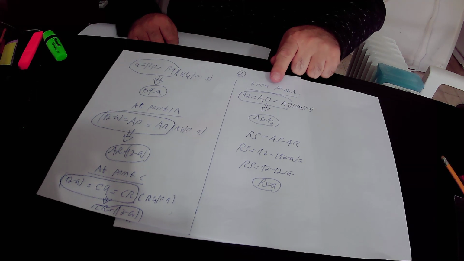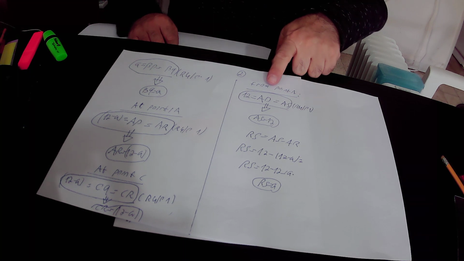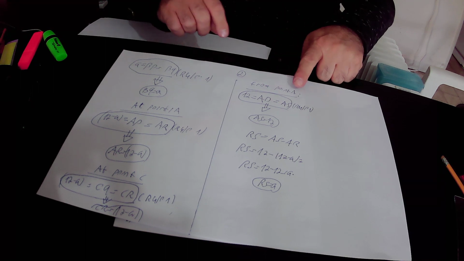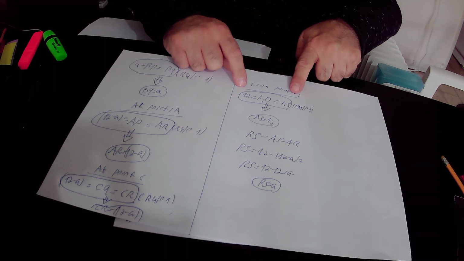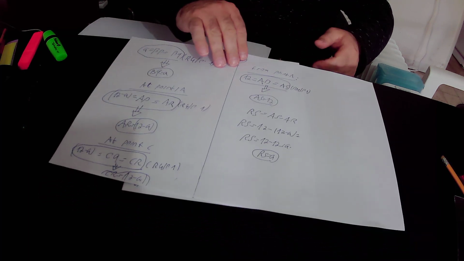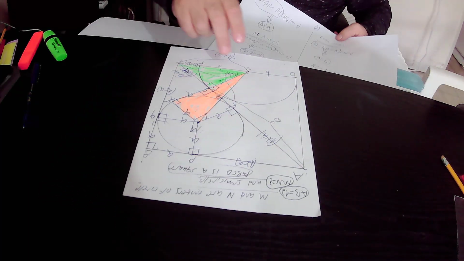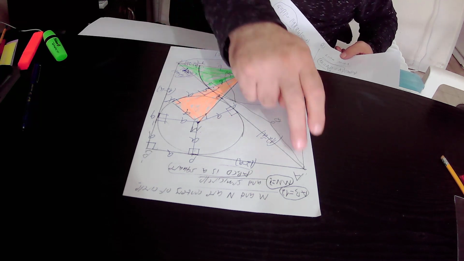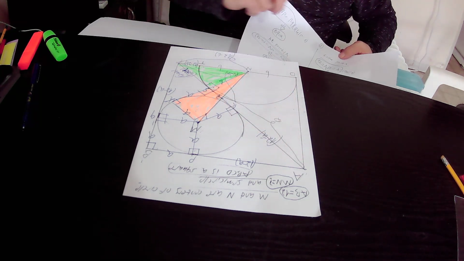That is to say, AD must be equal to AS. But it is given in the question that AD is one side of the square, it equals 12 units. So from this equation, we derive that AS is also equal to 12 units. So we can write here that AS, this line segment, equals 12 units.